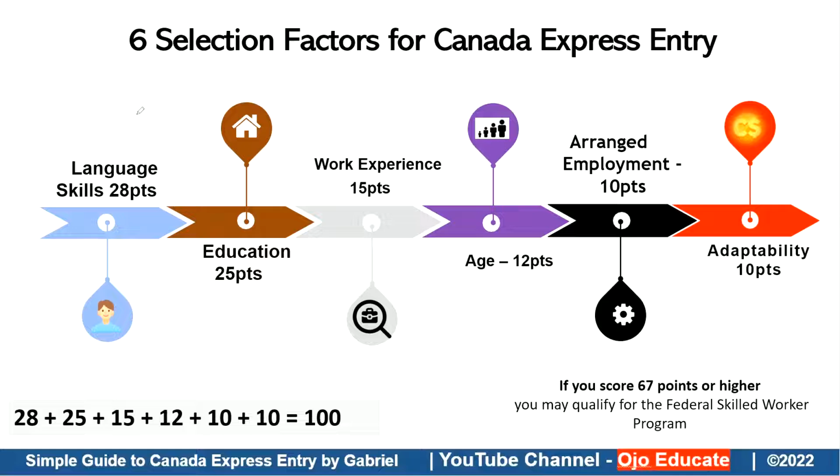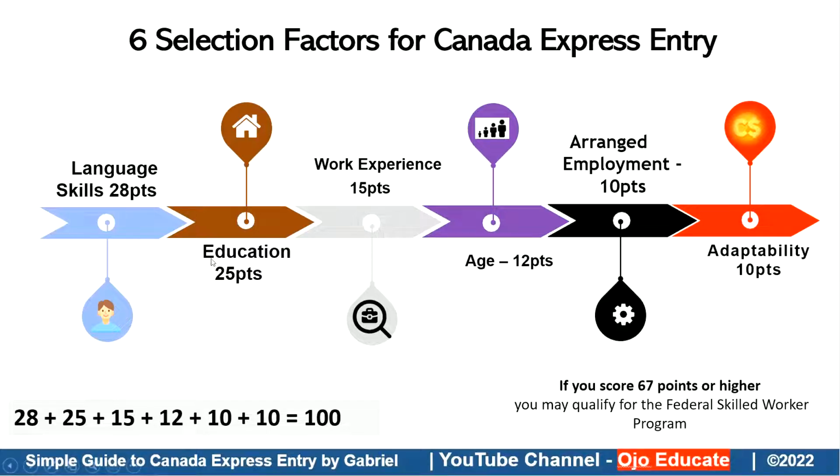So if you are on this journey and your CRS comprehensive score is very low, you can go back and rewrite your English, or you can also go for TEF. TEF is also something you can consider if you want to be on this journey.